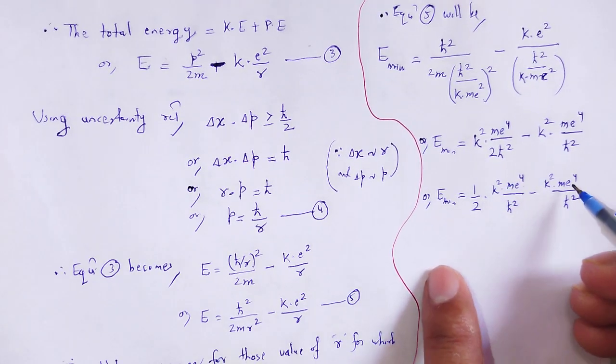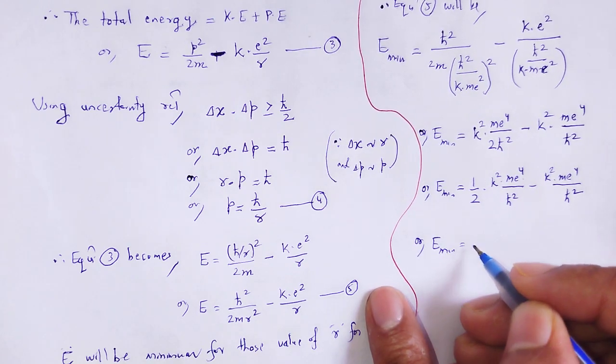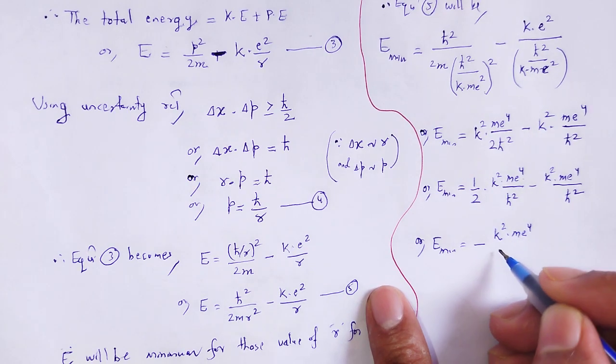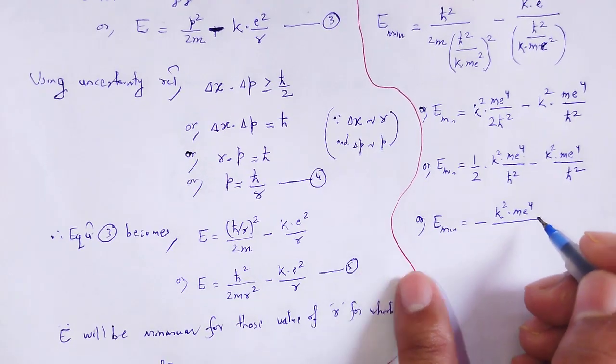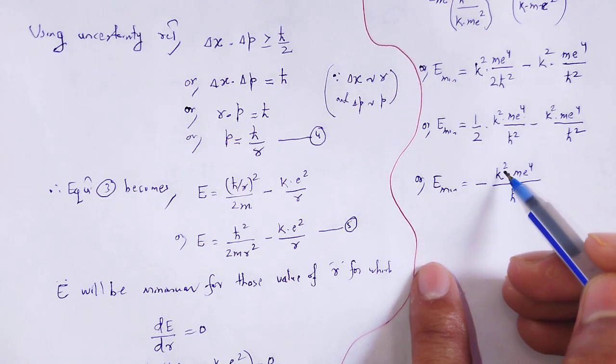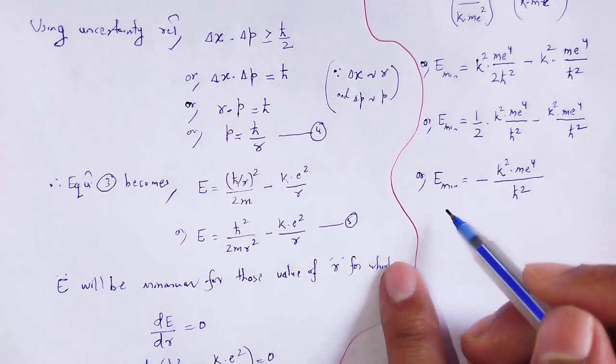Half of this minus this one, that value will be minus k square m e to the power 4 divided by 2 h cut square. The values of k, m, e, h are known to us.